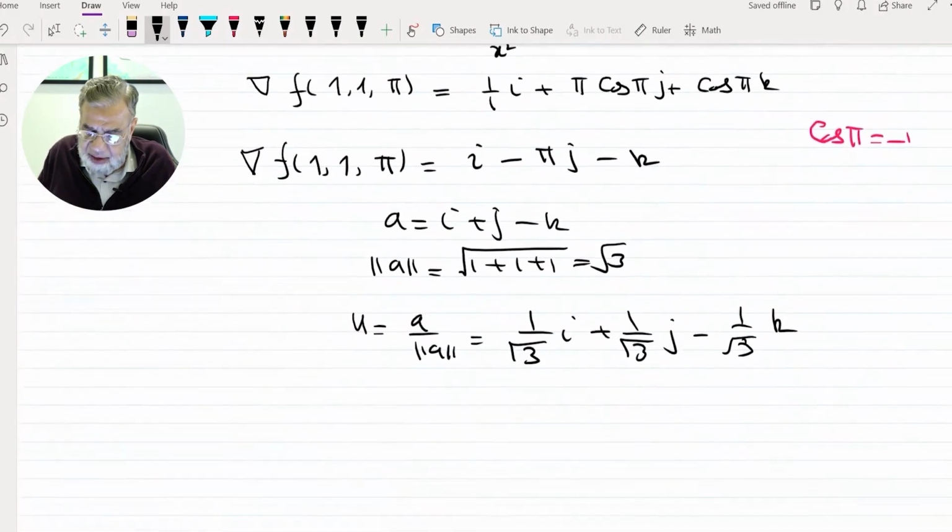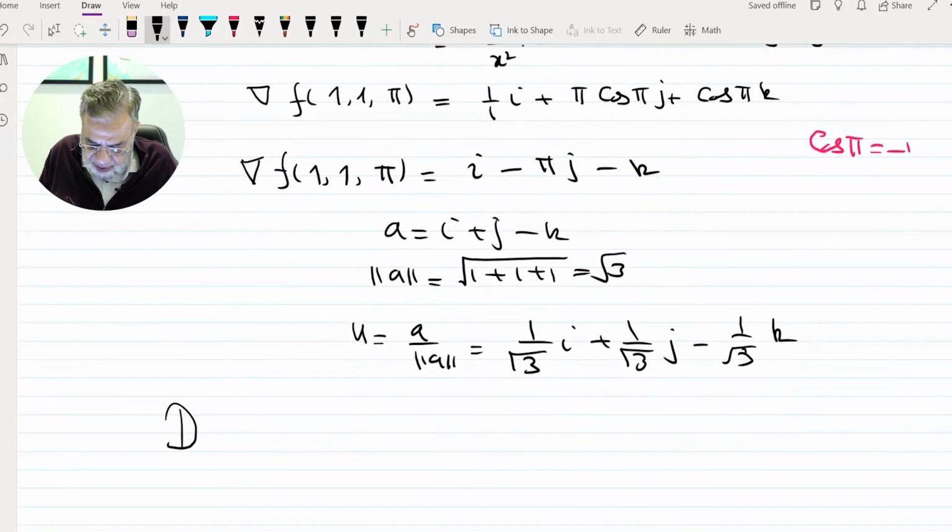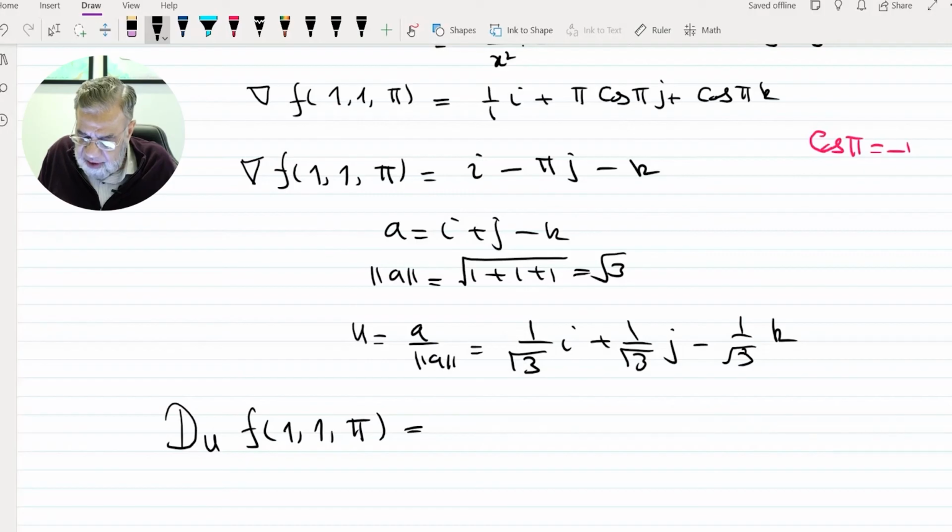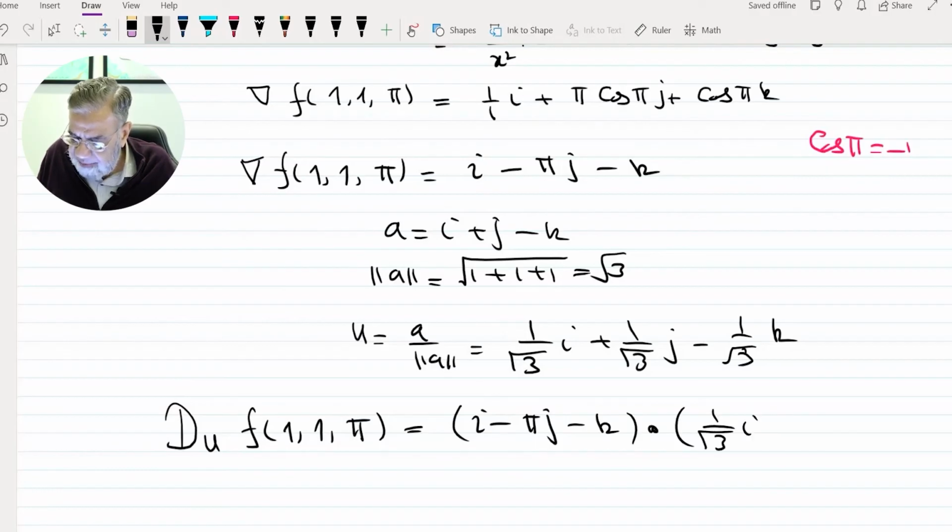Now I can write my directional derivative of the function at the point 1, 1 and pi is equal to the gradient of the function, which is i minus pi j minus k, dot product with 1 over root of 3 i plus 1 over root of 3 j minus 1 over root of 3 k.